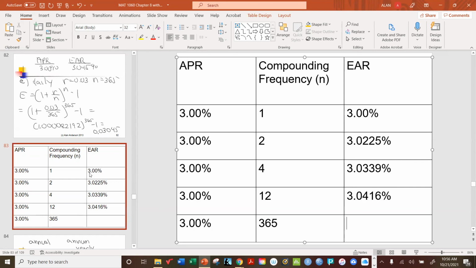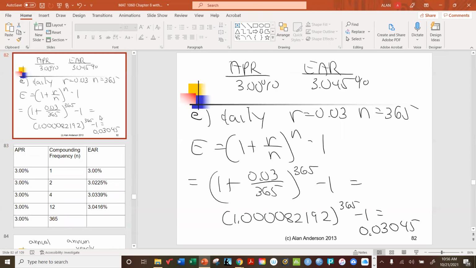And then for this one, actually I rounded a little. Let me fix this one real fast. It's actually 3.0453. All right, that's better. I want them to be consistent with each other. So 3.0453%.